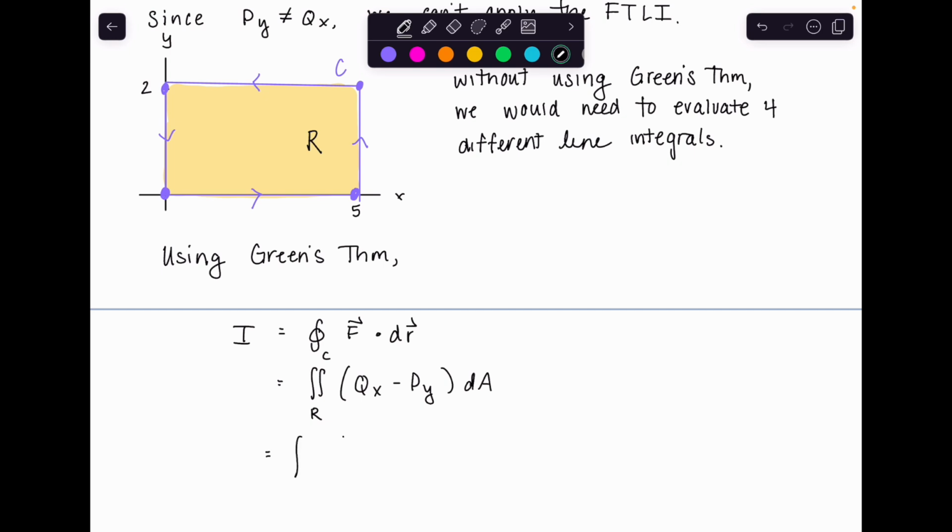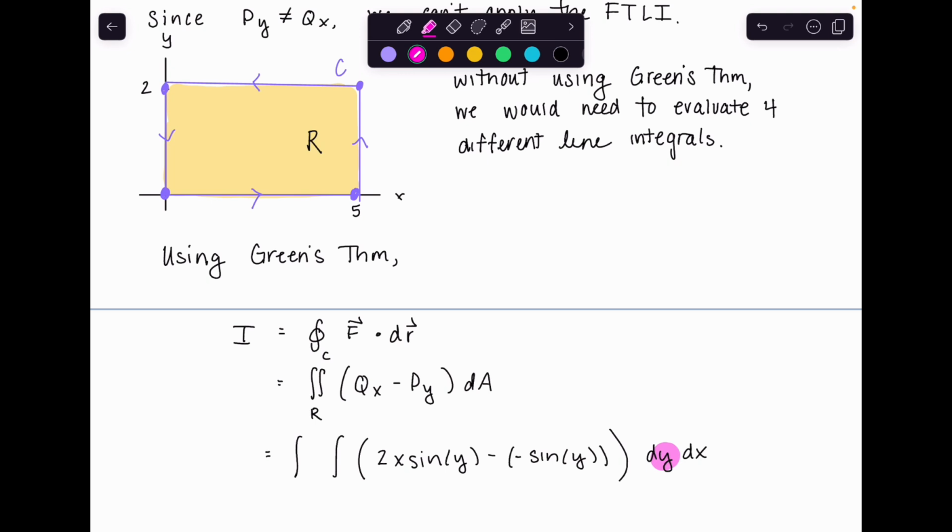So we found those inside pieces already. Qx was 2x sine of y. And then Py is negative sine of y. You can do whatever order you want, but dy dx is perfectly fine because, again, these are constant bounds.